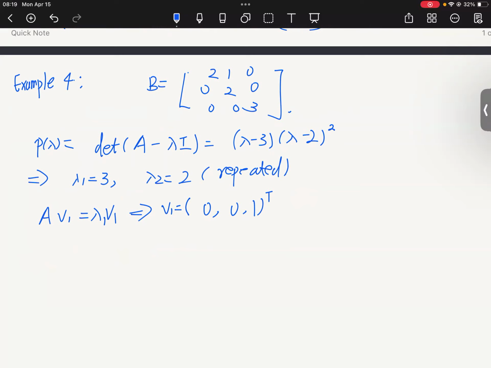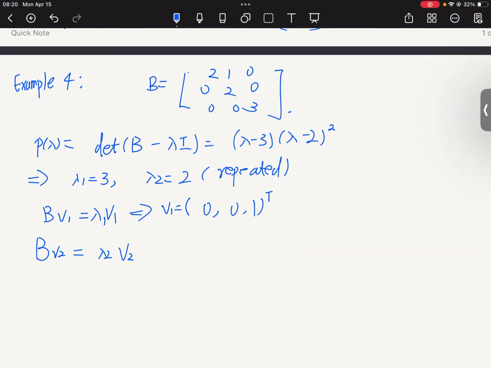And then let's see for A v2, what can we get? We substitute lambda 2 equals 2 here, but this is another matrix. We are working on the B matrix, and we do the substitution here.